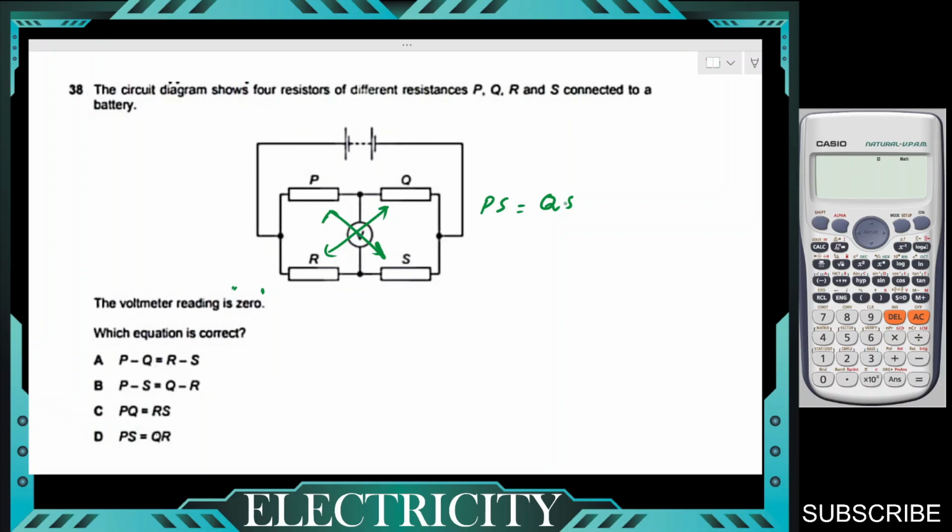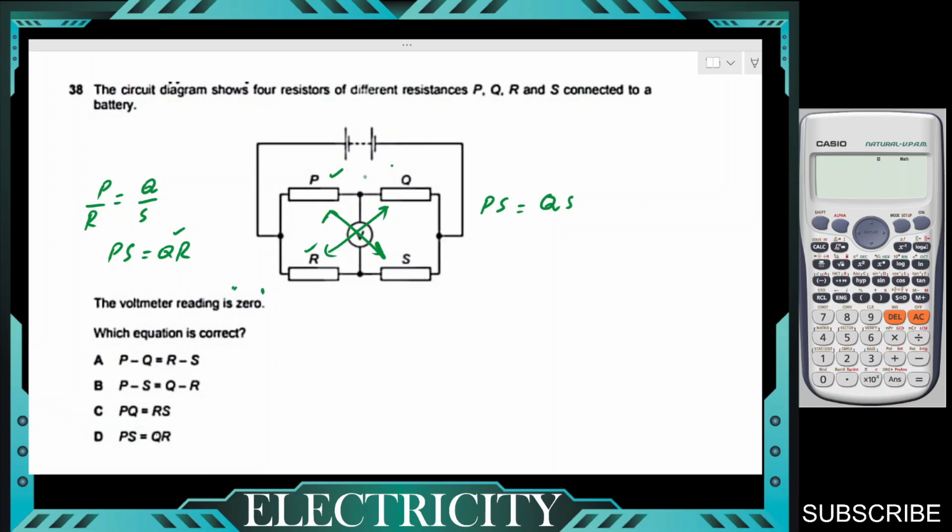This is the shortest way you can answer this question. Or once again, the other method is the method of the ratios, which is, let's say, the ratio of this one to this one, P over R equals Q over S. But then once again you get the same thing. And how do you get these two ratios equal?